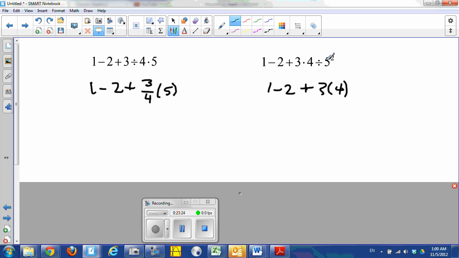Are we dividing 4 by 5 and then squaring all of that, or are we dividing 4 by whatever 5 squared is? It's the latter. We're dividing 4 by whatever 5 squared is. So when you see it written out correctly and algebraically, using typical algebra notation, you're not going to be tempted to divide 4 by 5 before squaring.